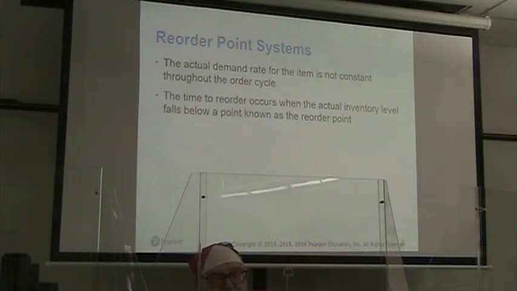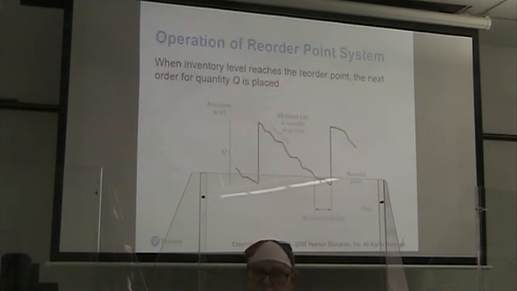However, in this case, we use what's called a reorder point. That means that the time to reorder occurs when the actual inventory level falls below a point that we call the reorder point. So that's the last technique in covering this problem.